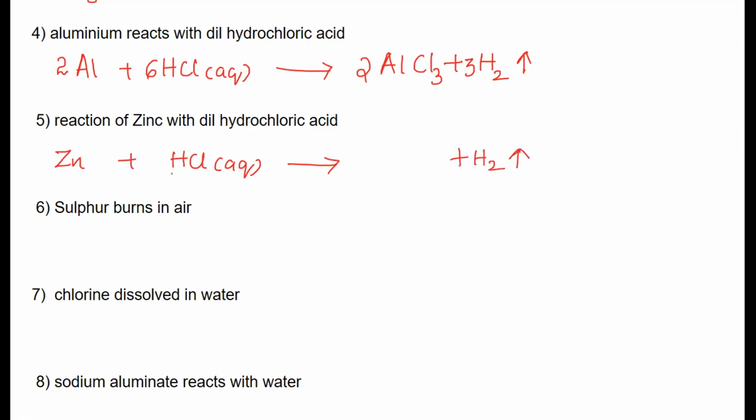Now zinc reacts with chlorine and forms zinc chloride. ZnCl2 is zinc chloride. So here 2 chlorine, 2 hydrogen, so here also 2 should be there. So I'm multiplying with 2. We got Zn plus 2HCl gives ZnCl2 plus H2. Hydrogen gas will be released.